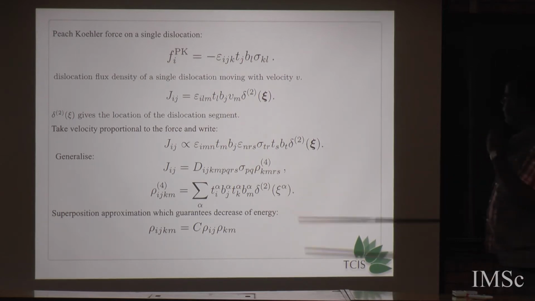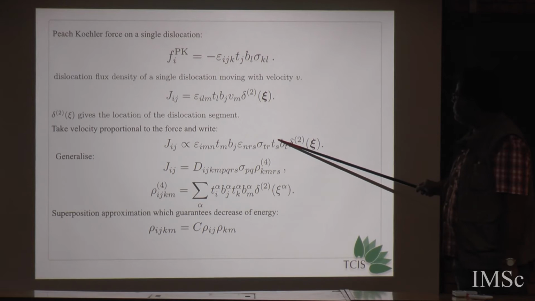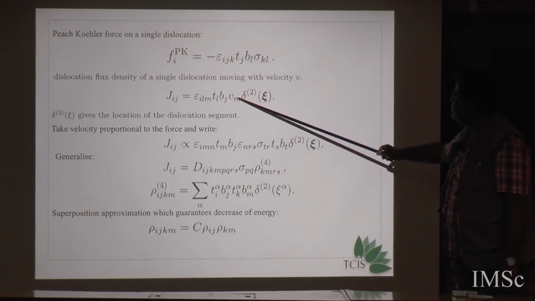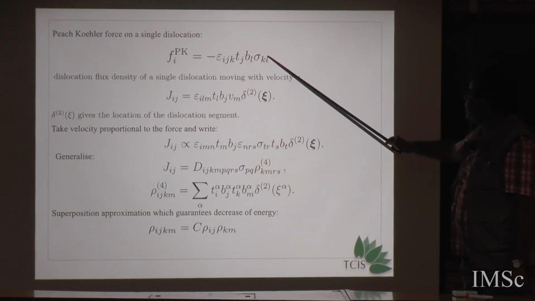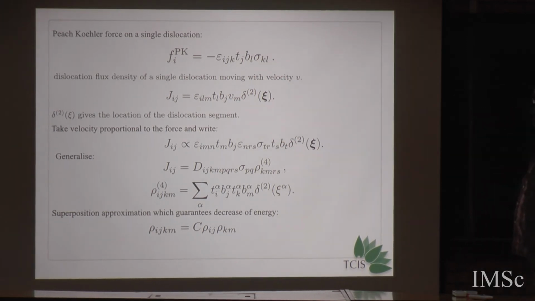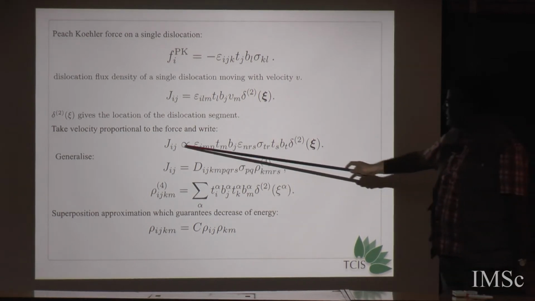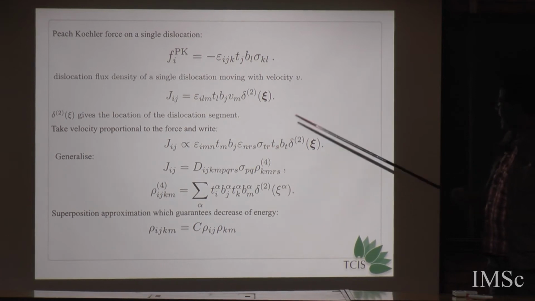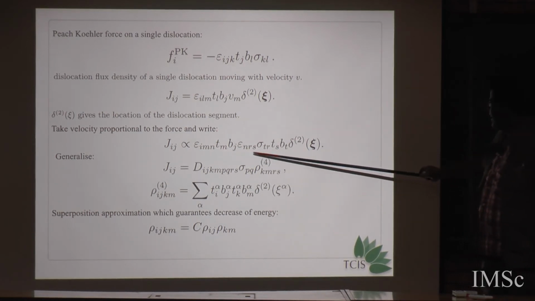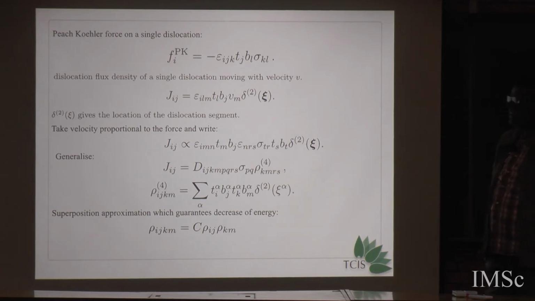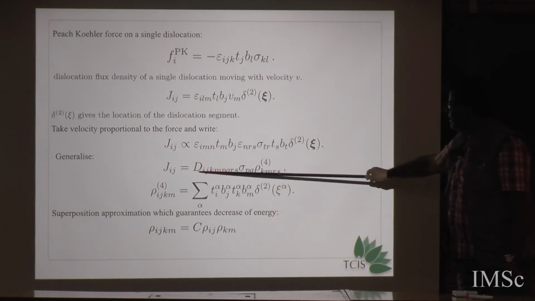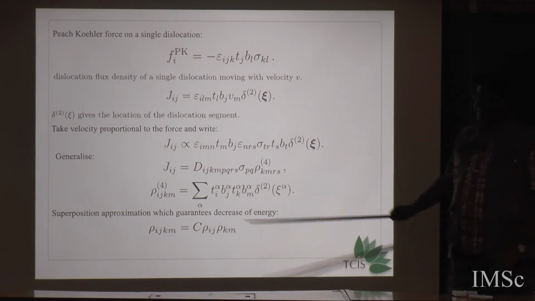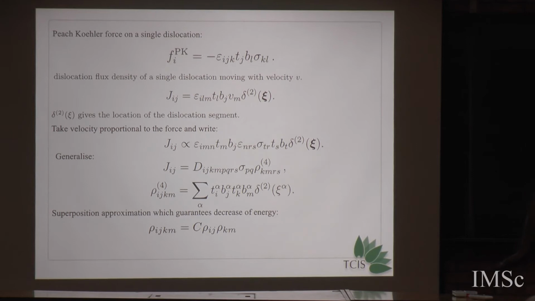Then I will have to substitute for this velocity something which includes this force. So then this sigma comes here, and you can see that this is a second order thing. This fellow has two indices, and then this extra thing will have four indices, and the mobility tensor will have eight indices.